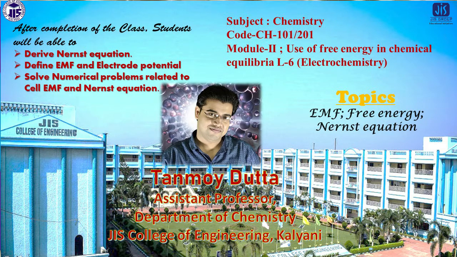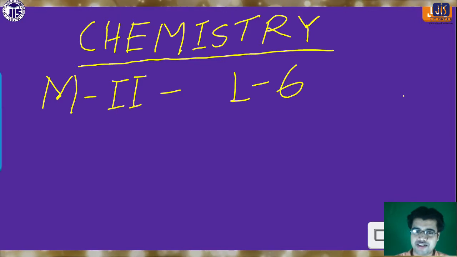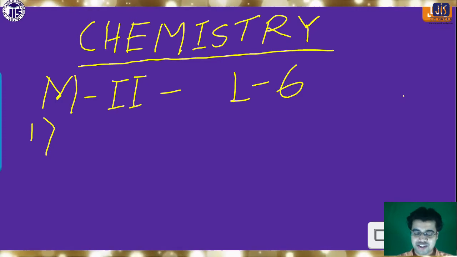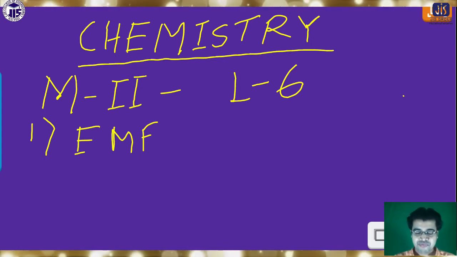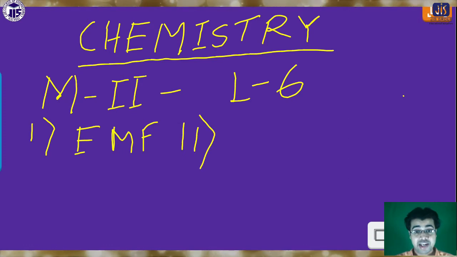In the previous class we discussed the basic concept of the cell, but today we will discuss a few topics which are very important in electrochemistry. First of all, what is the EMF. Secondly, what is the cell potential.